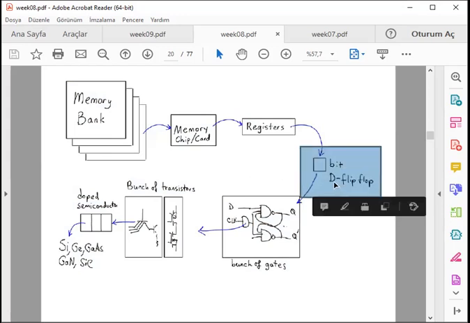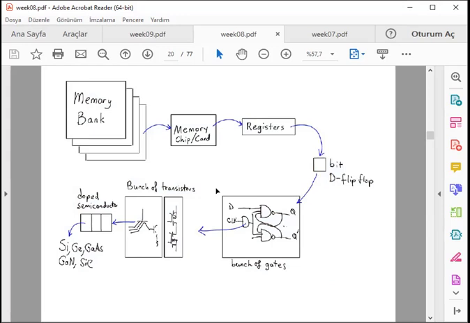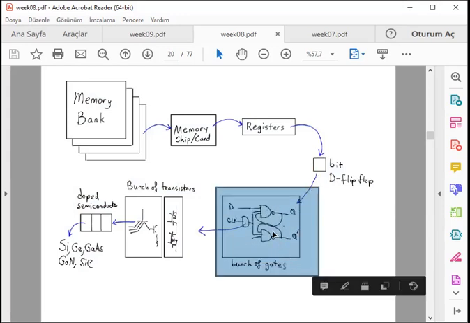Each register consists of bit-size information, which is actually a D type of flip-flop. So this is a basic flip-flop circuit that you had already learned in Introduction to Logic Circuits. And you remember from that part that each D flip-flop is usually clocked, because that's a clocked circuit.